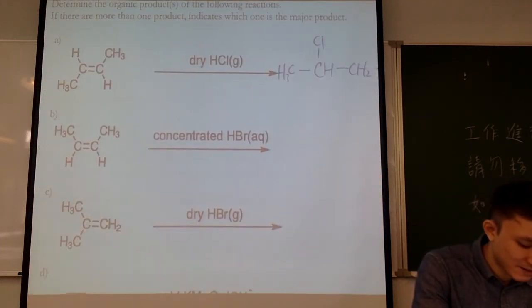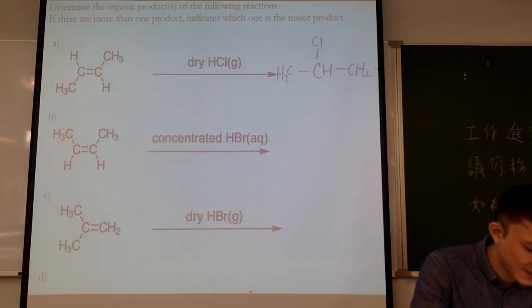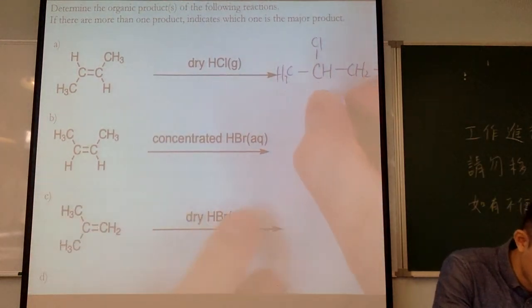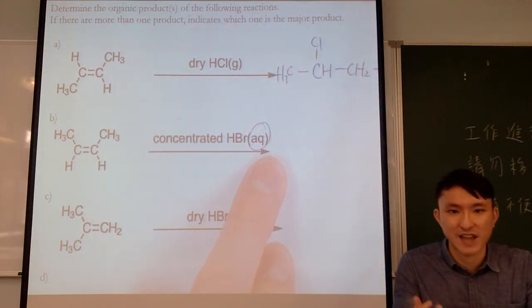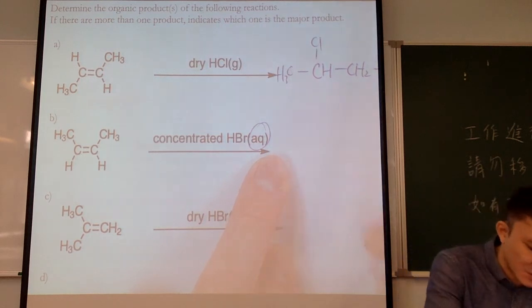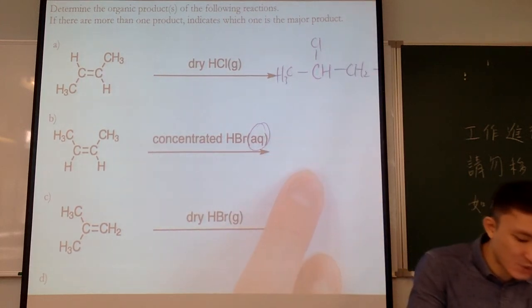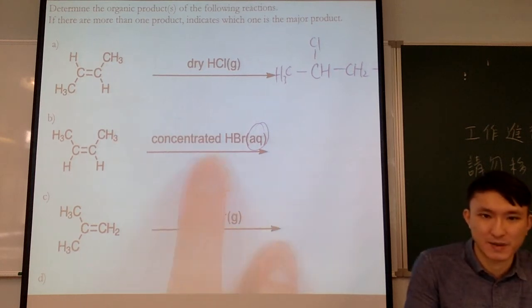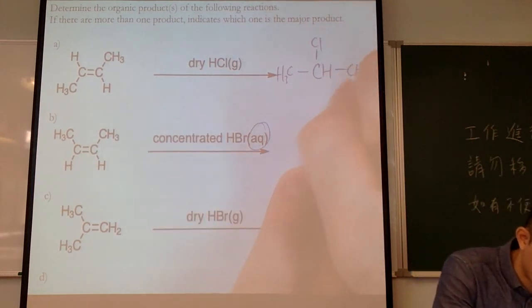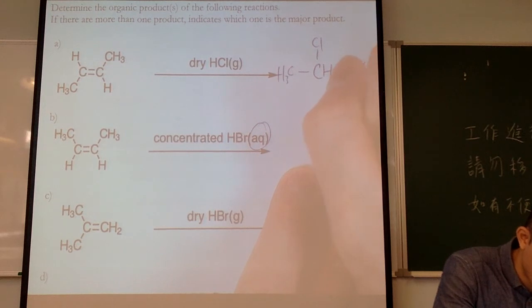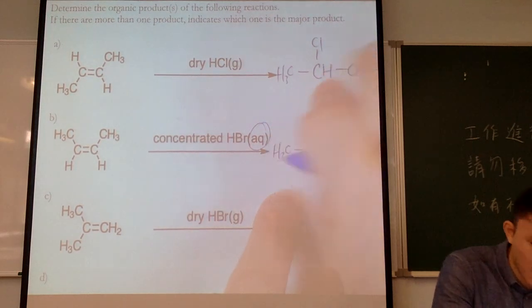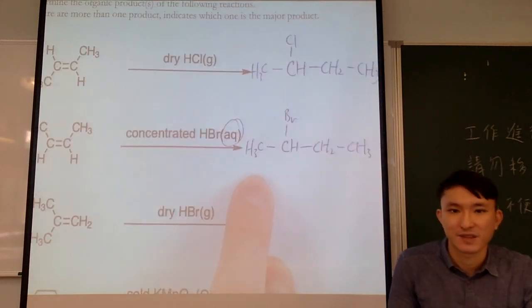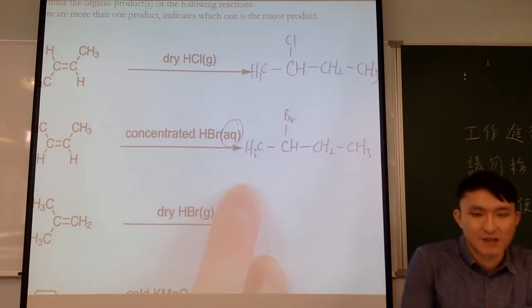But here you see this is aqueous, so there is a chance where OH could be added into it. I think both will be acceptable because it's concentrated. So I will stick with an addition reaction with the HBr rather than forming a bromo alcohol. Well, actually, I'm not sure.